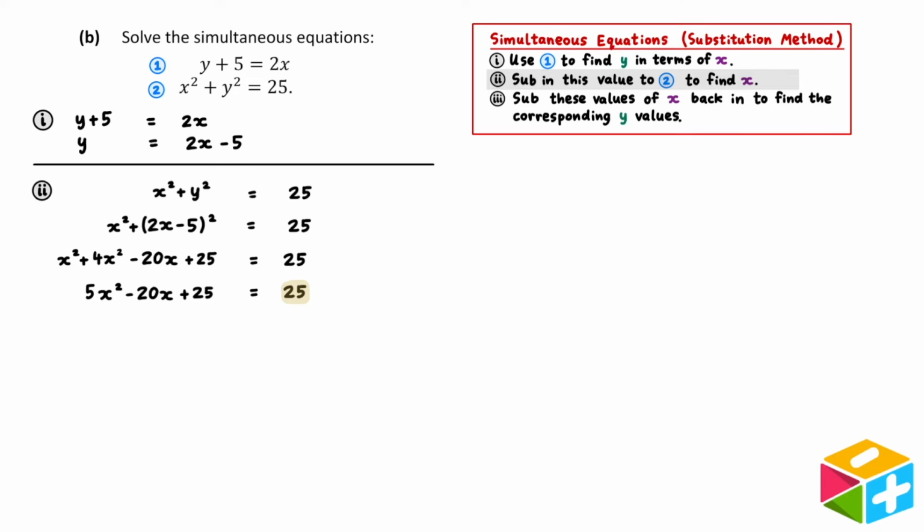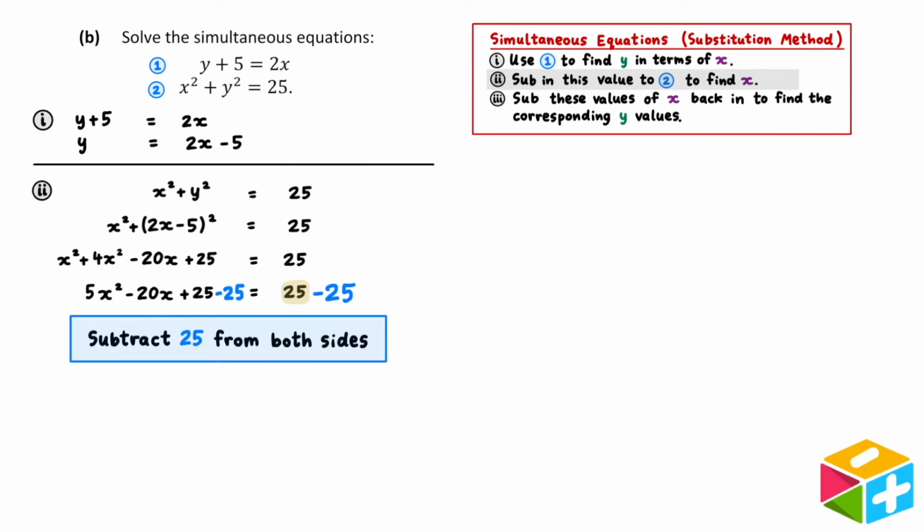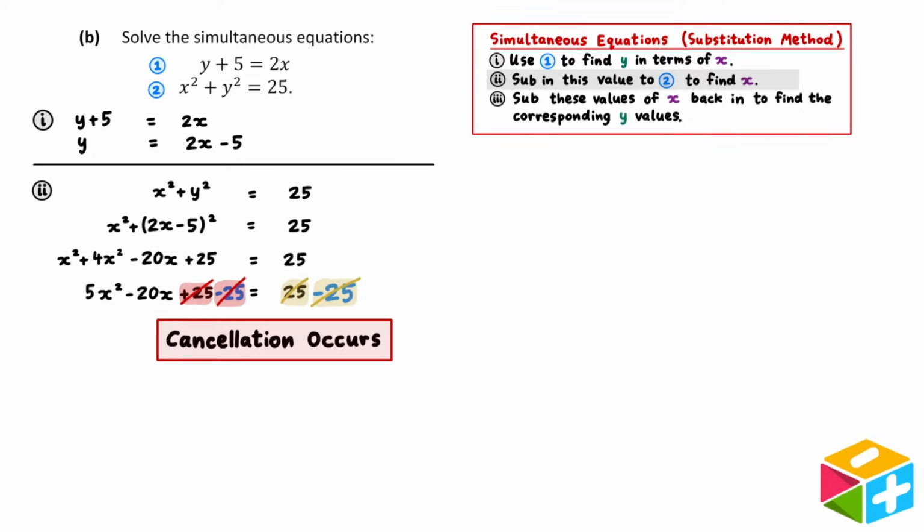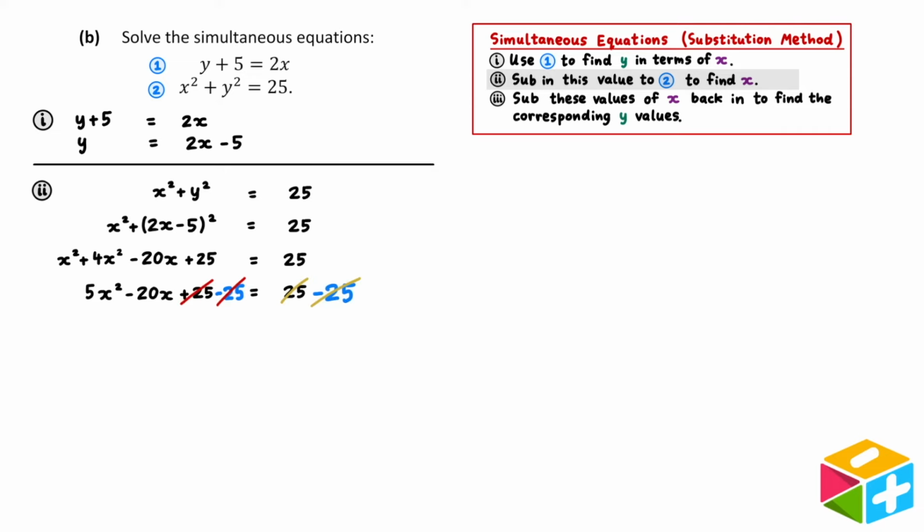The inverse of addition is subtraction, so to remove it, I'll need to subtract 25 from both sides. We're now left with the equation 5x squared minus 20x is equal to 0.